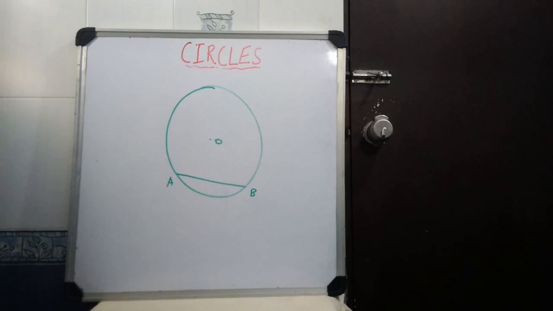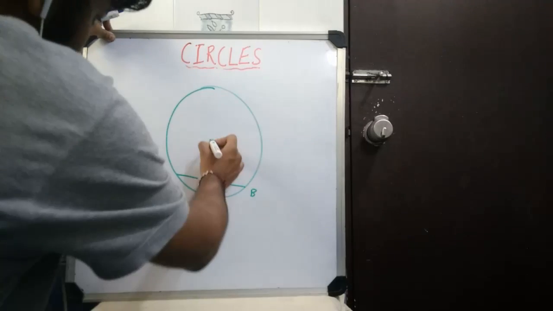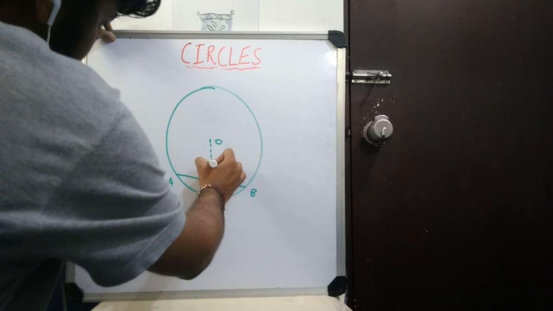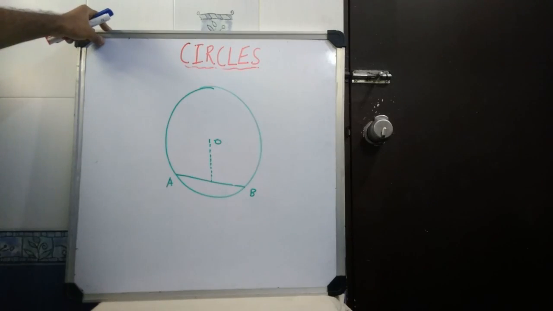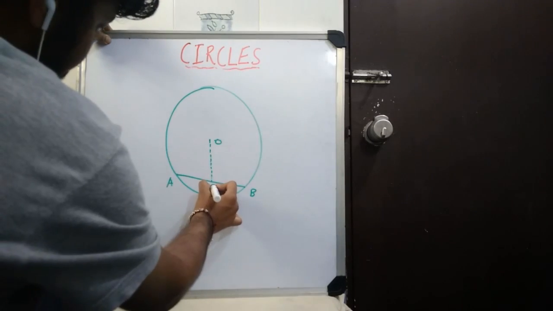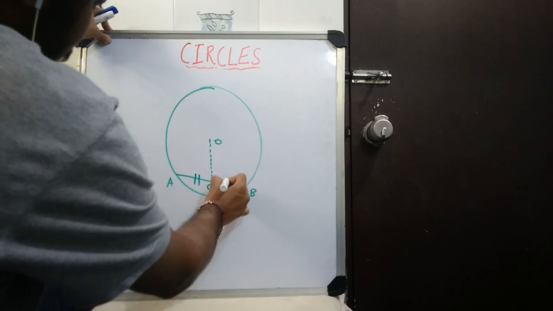Let's look at an important property of the circle. Given a circle with the chord AB, I will draw a line from the center to this particular chord. Now what the property of the circle says is that this particular line, let me call it C, bisects the chord.